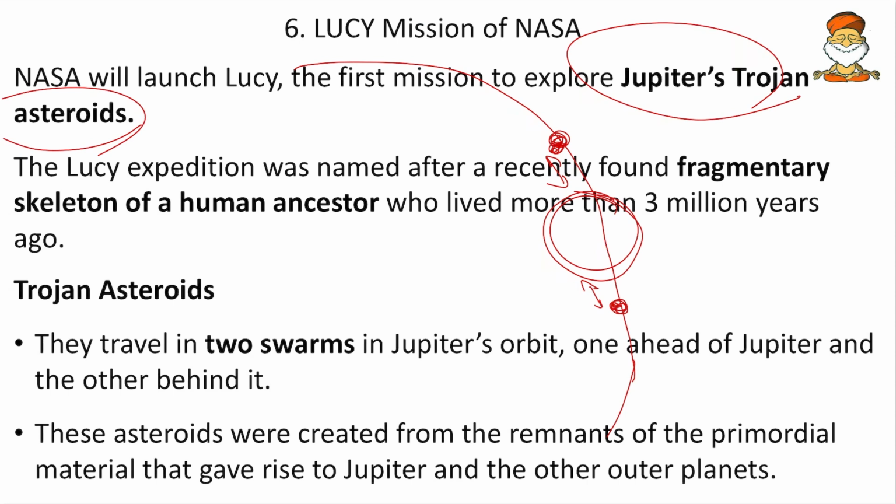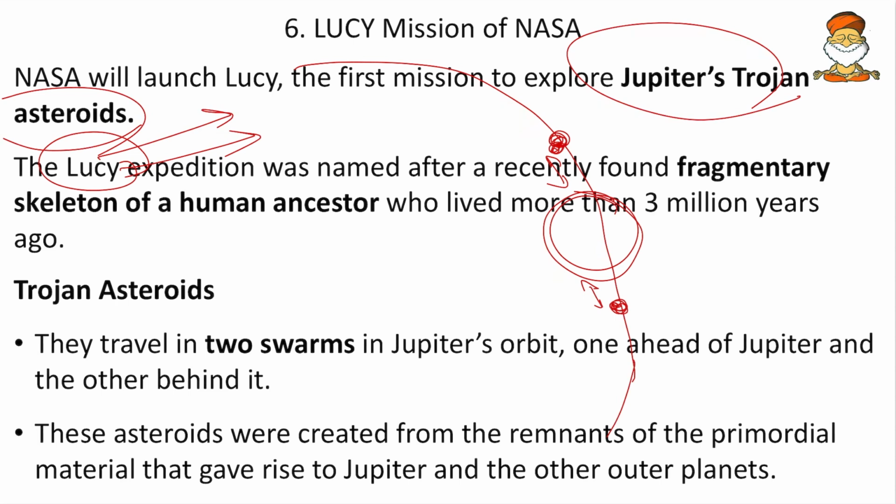Then, the Lucy expedition was named after the recently found fragmentary skeleton of a human ancestor which lived more than 3 billion years ago. So more than 3 billion years ago, we had one fossil of a human being, and the mission was named on that name. Then the Trojan asteroids travel in two swarms, in the front and back, and these asteroids were created from the remnants of a primordial material that gave rise to Jupiter and other outer planets.